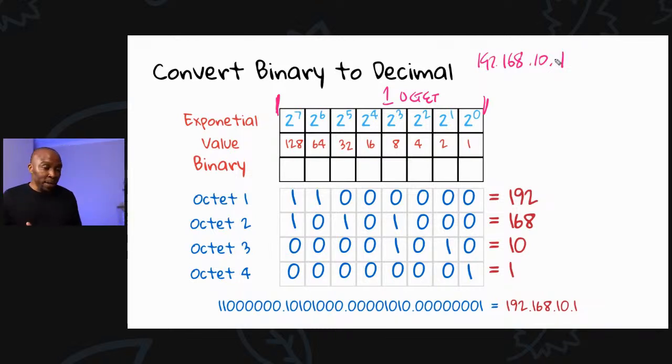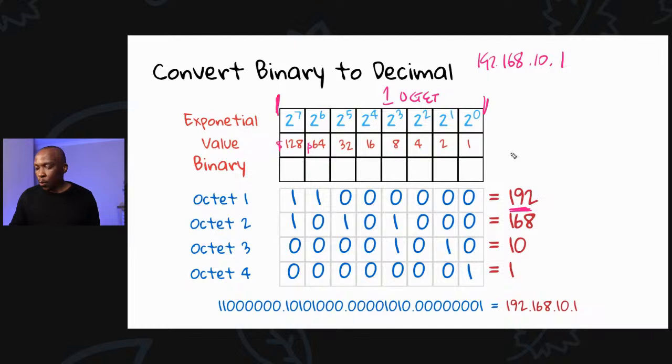I have found in previous classes that the simplest way to make this stick is to imagine you've got 8 coins: a $128 coin, $64 coin, $32 coin, $16 coin, $8, $4, $2, and $1 coin. If you're going to buy something worth $192, how many coins do you need?